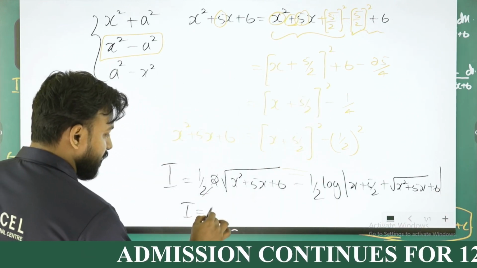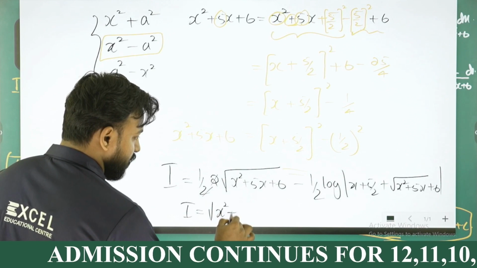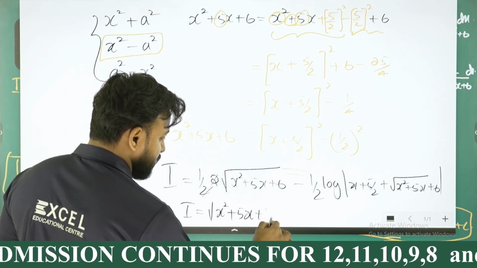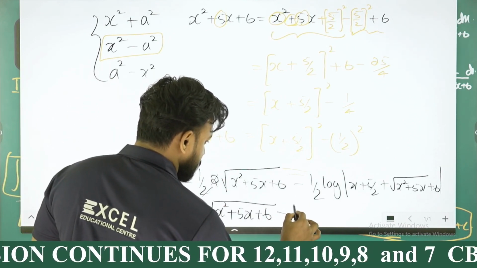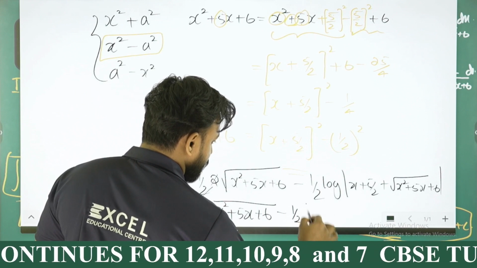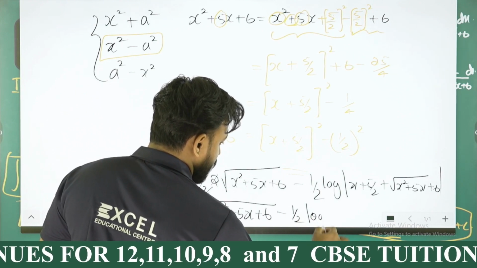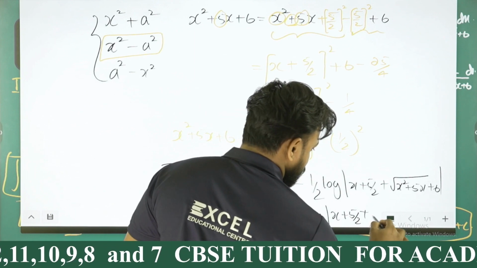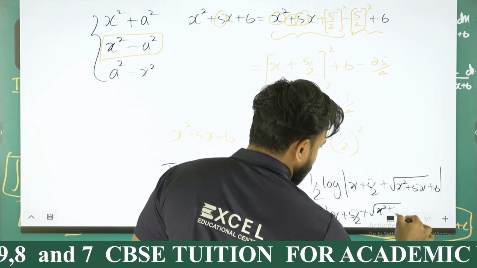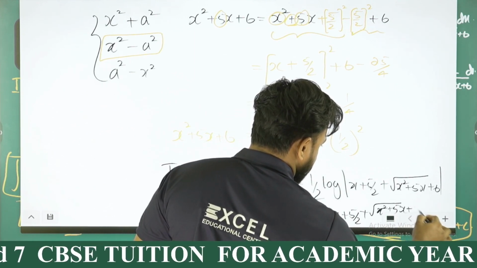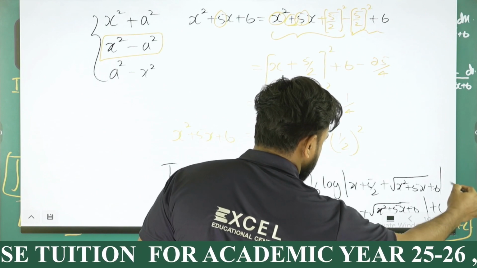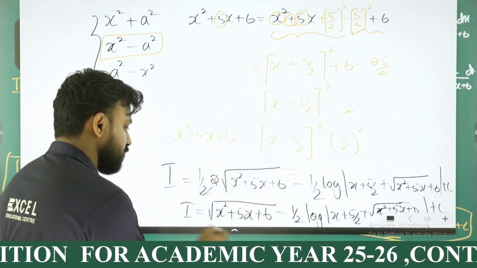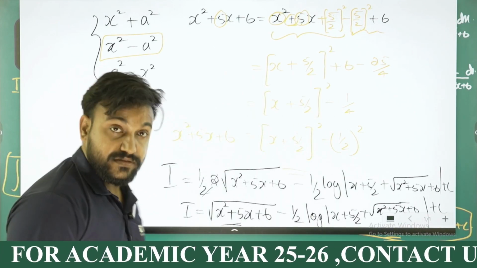Your I will be root of x square plus 5x plus 6 minus 1 by 2 log mod x plus 5 by 2 plus root of x square plus 5x plus 6 plus c. That will be plus c. So this is your final answer.